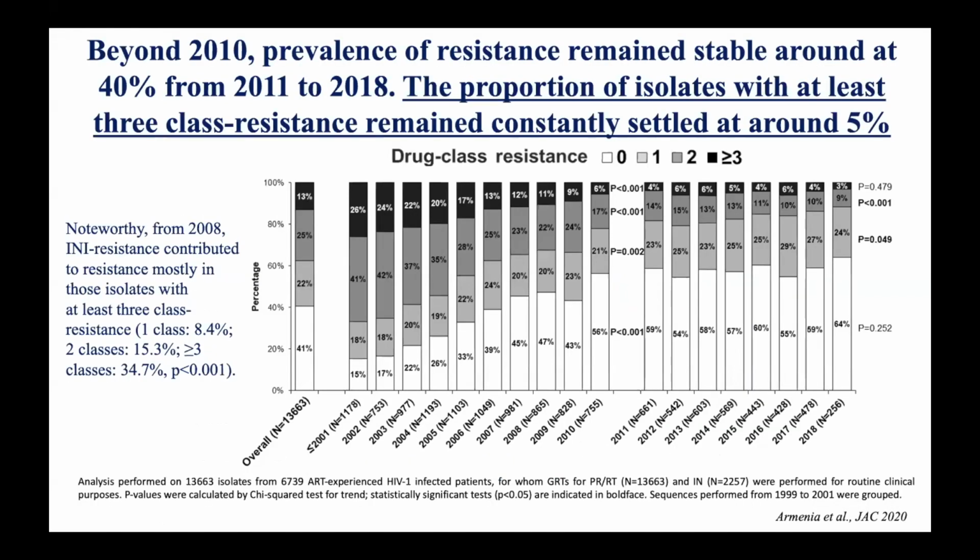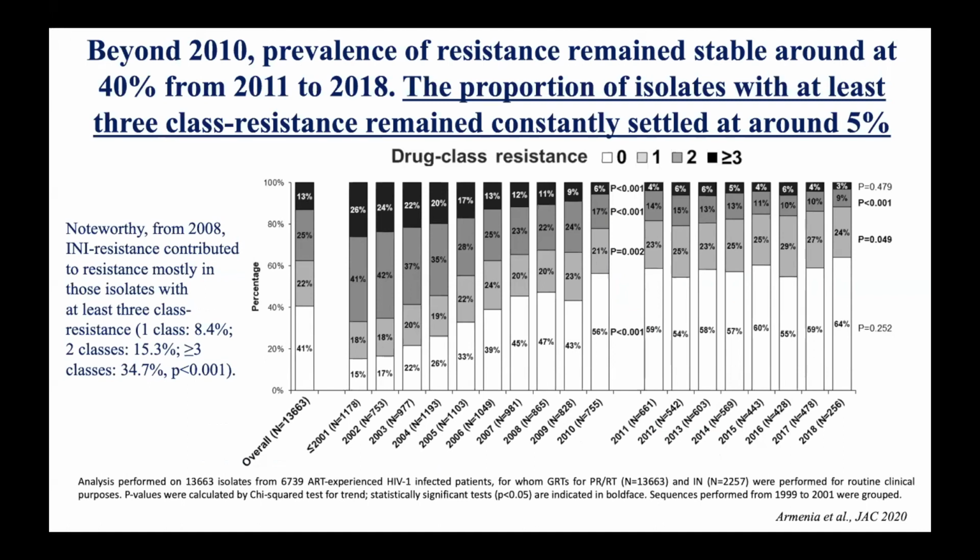And here we can see how this is in line with what I said to you before. We are doing resistance tests for many clinical centers, and you see here more than 30,000 isolates, and how we see the changing scenario of resistance over time. From the beginning to 2010, there is clearly a decrease of resistance.